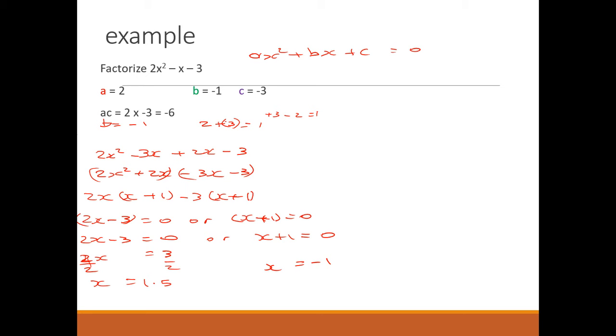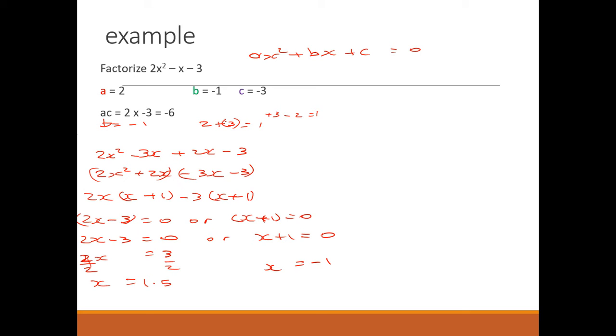So in factorizing, the two values that we found for x are a negative 1 and 1.5. That will be our two roots. And this is us finding the roots when we use the factorizing method.